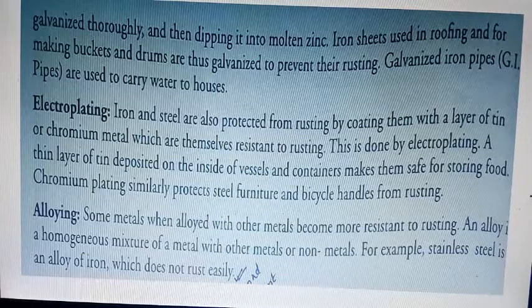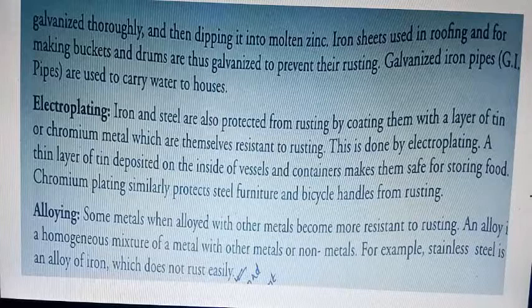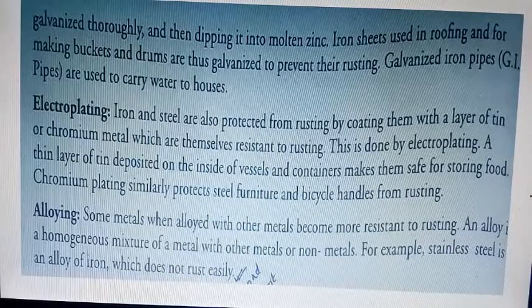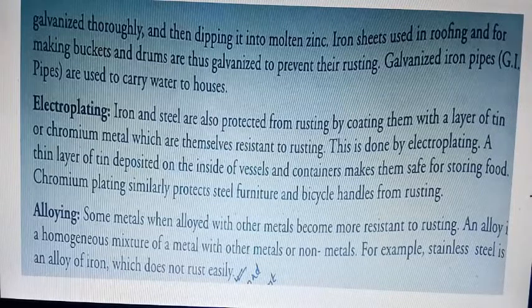Then a coating of zinc can be seen on the iron surface, and this zinc does not allow air and water to come in direct contact with iron. As a result, iron is prevented from rusting. So iron sheets used in roofing and for making buckets and drums are galvanized to prevent their rusting.